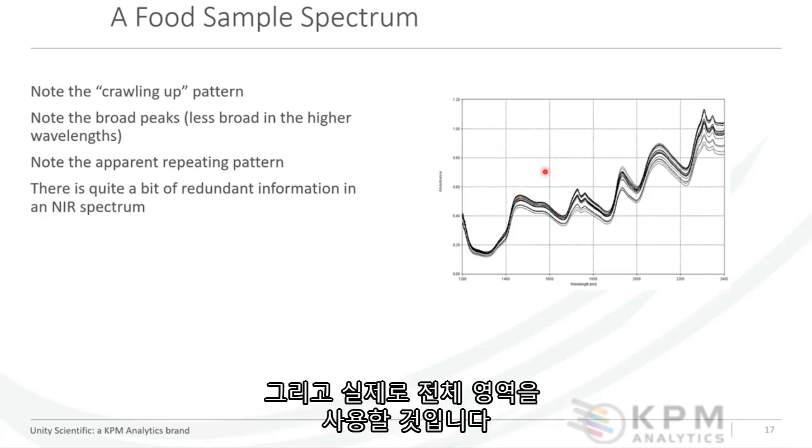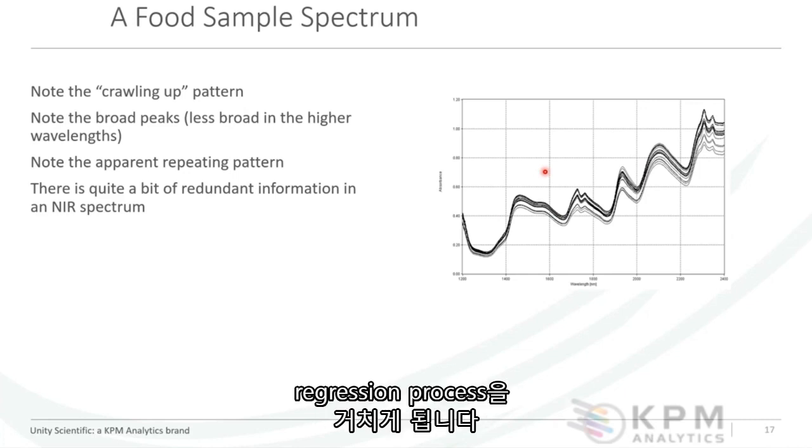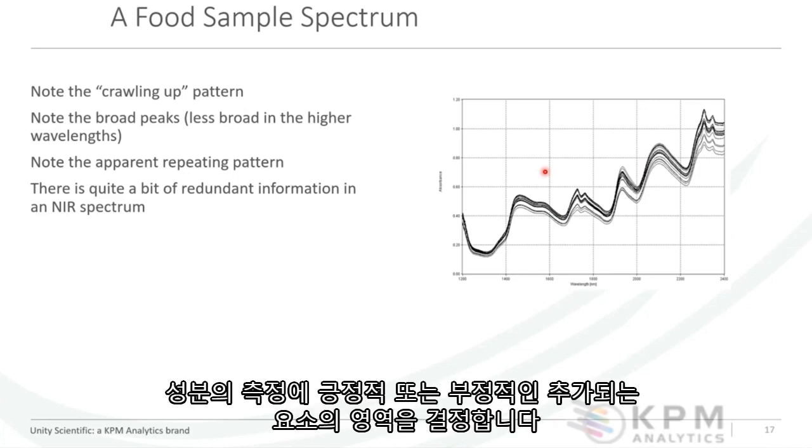And our math, as we will see, will actually use the entire wavelength area, the entire spectrum, and through the regression process, determine the areas of the spectra that are adding either positively or negatively to the measurement of our constituent of interest.